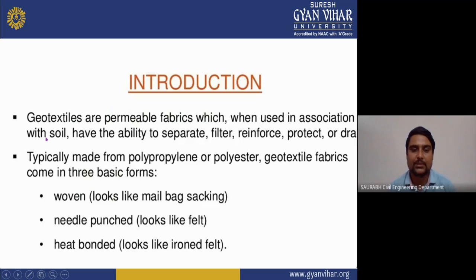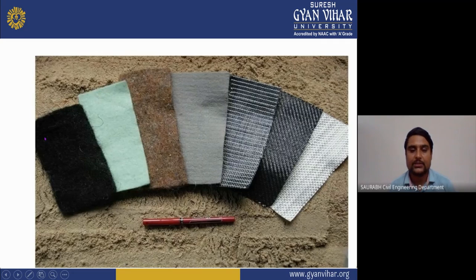Geotextile fabrics come in three basic forms: woven, needle punched, and heat bonded. As you can see, this is an image of geotextile, which is generally used in the work of soil stabilization.